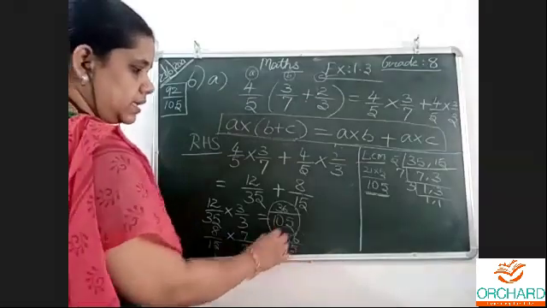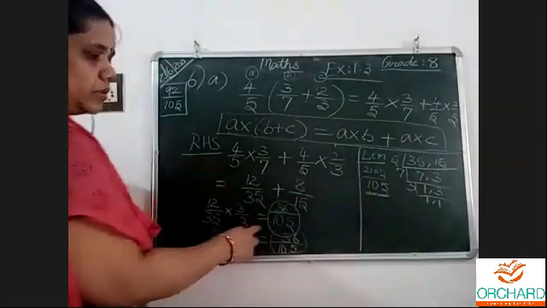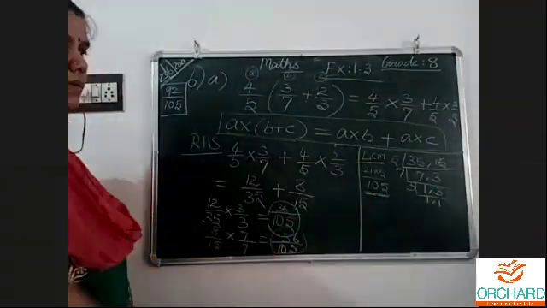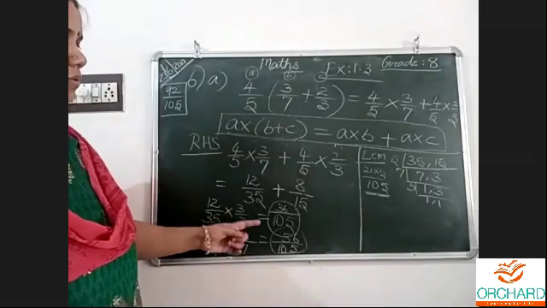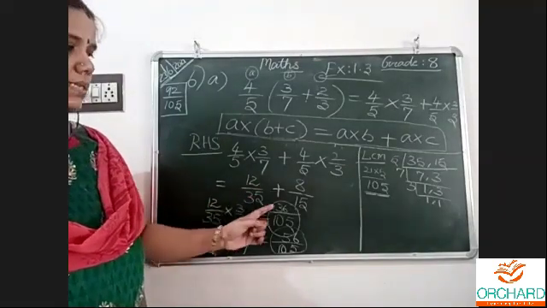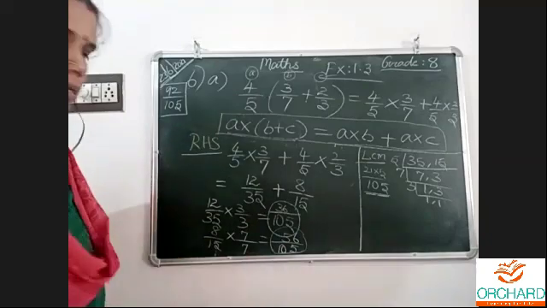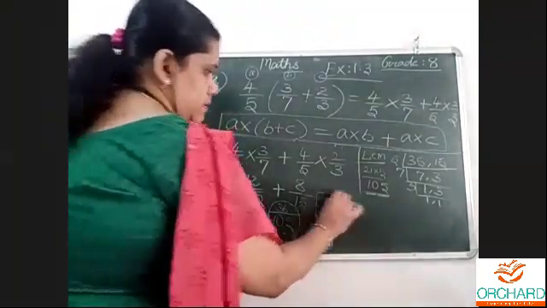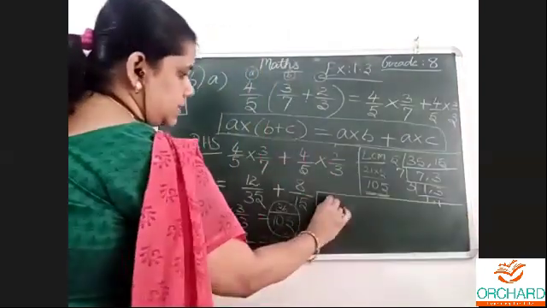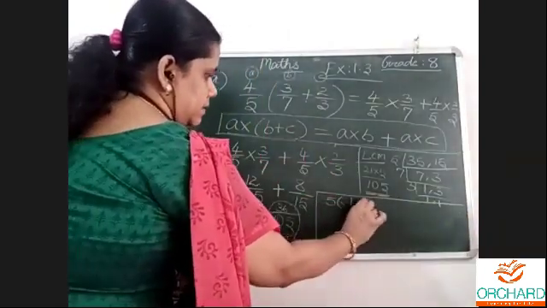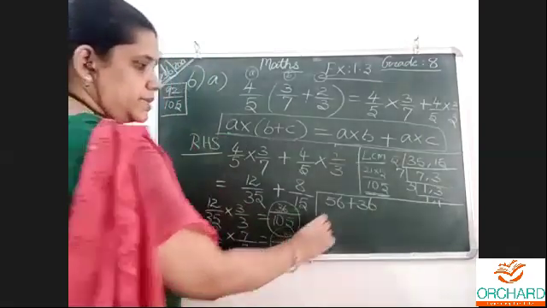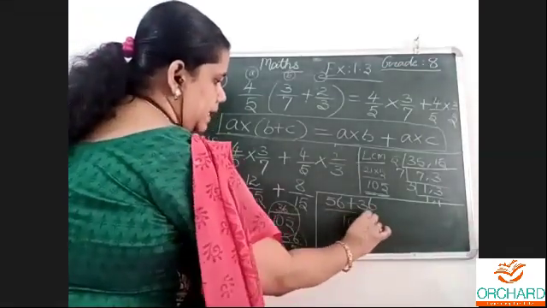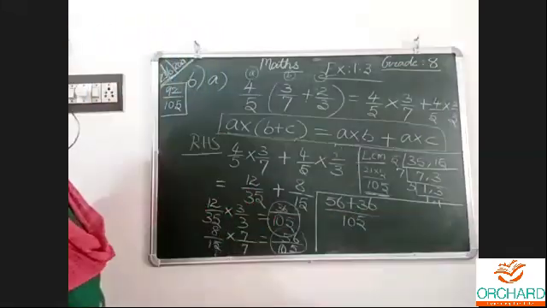Okay, these are the things. Normal LCM only. Now what I must do? I must add this: 56 plus 36, or 36 plus 56, all same, by 105.